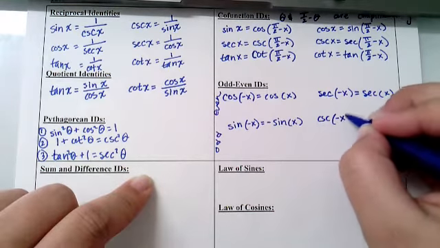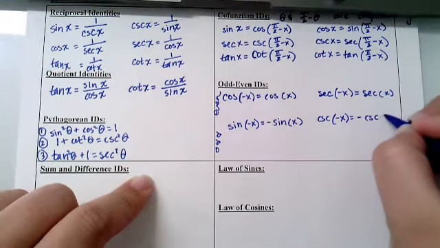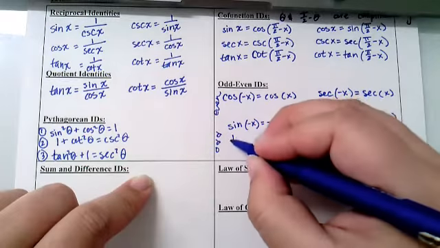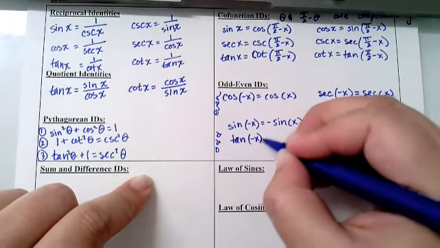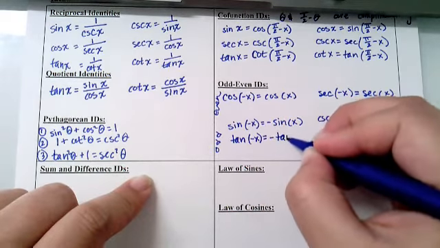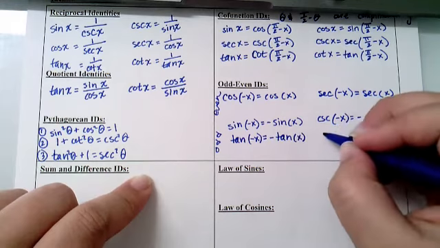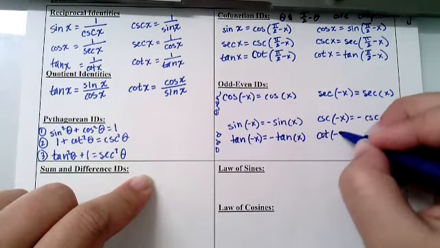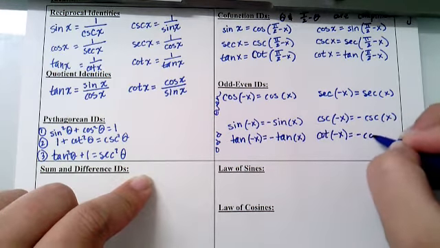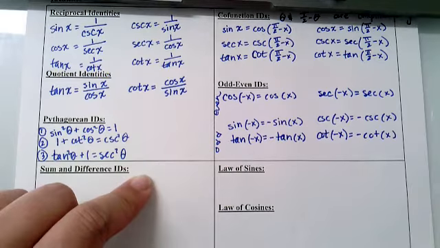Cosecant of negative x is negative cosecant of x. Tangent of negative x, negative tangent of x. And cotangent of negative x is negative cotangent of x.